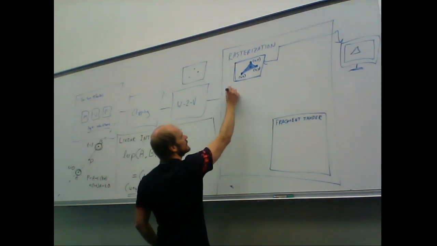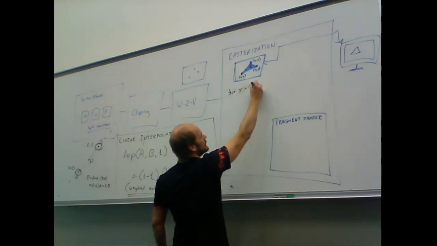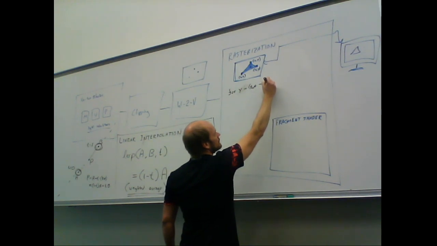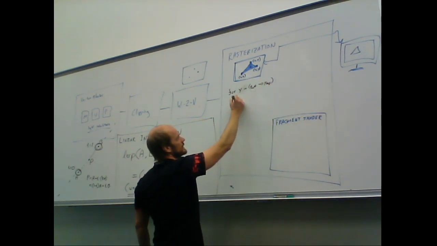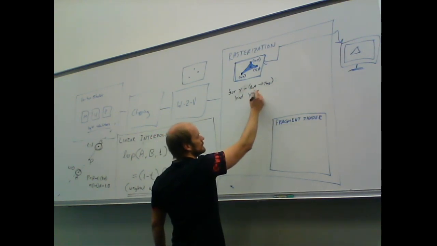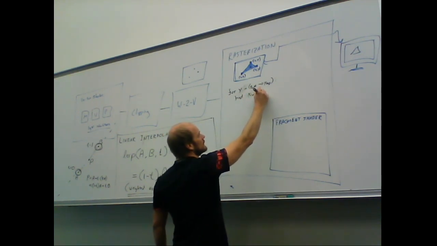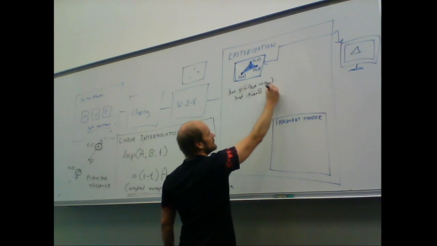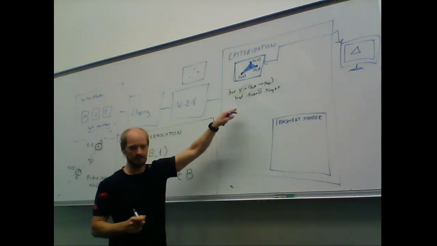Basically, for y in y bottom to y top, we're going to do something. In that case, we find x left and x right.